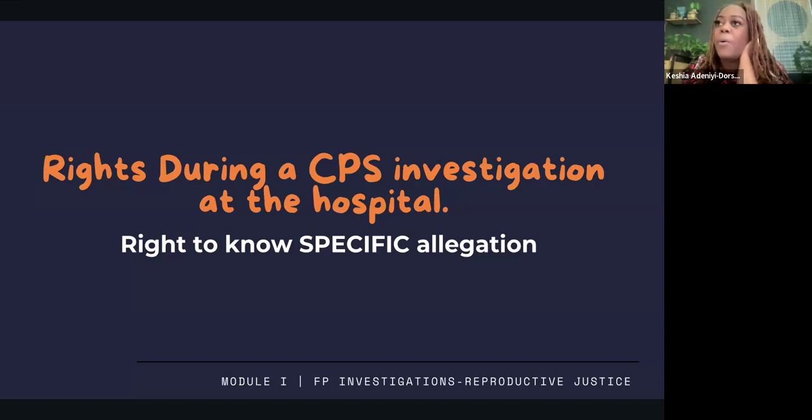They will ask about criminal history, right? And file petitions saying that someone's child is at risk because someone has a criminal record, right? So you want to only answer the questions that are specific to the allegation.